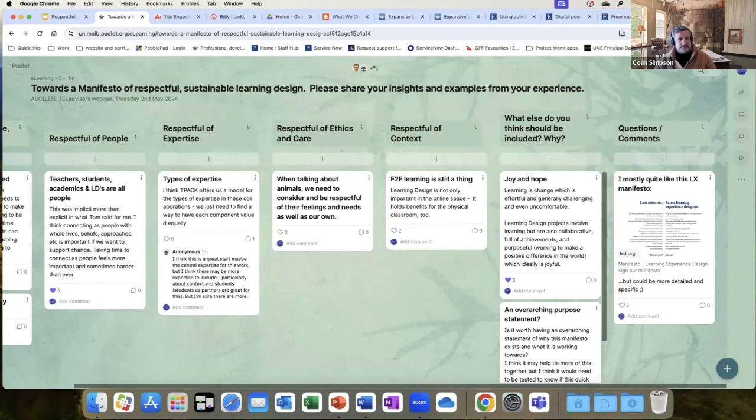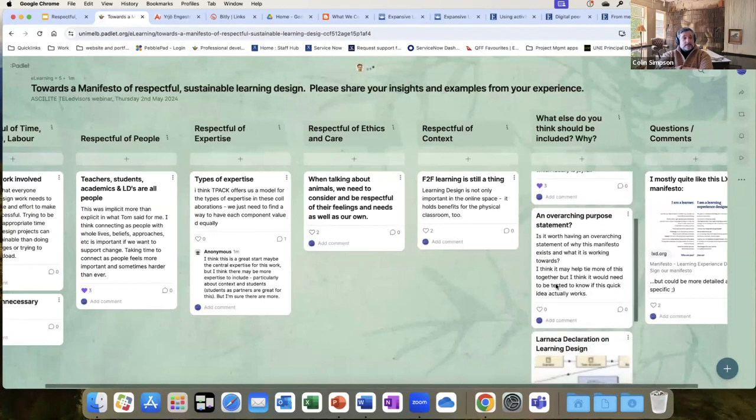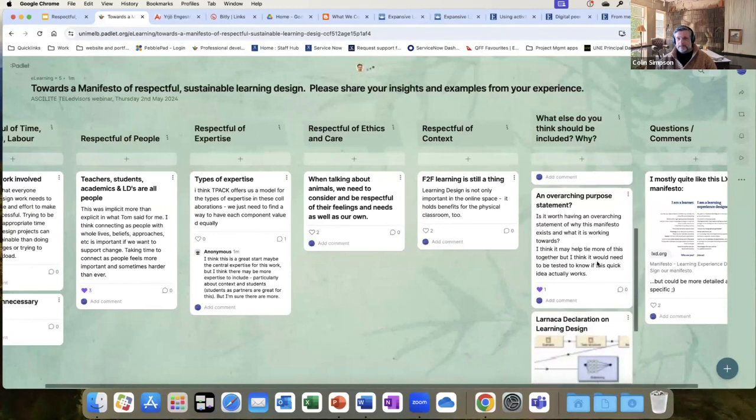That's very much about the practice, but it's not about the being and the doing, the mindset things. And it's interesting that the Larnaca Declaration comes from a very theoretical, academic side of things, and perhaps we're bringing the heart and the practitioner side of things. Anyway, just a general suggestion.